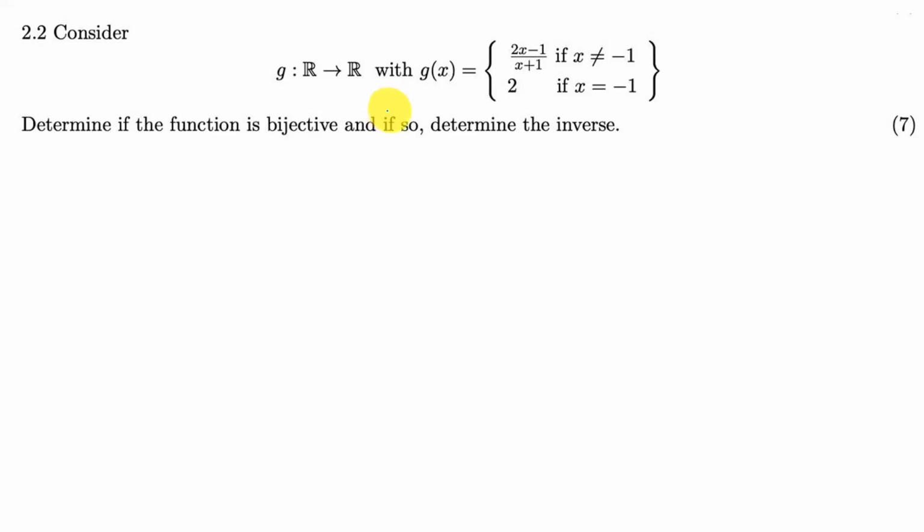Determine if the function is bijective, and if so, determine the inverse. The bijective function, first and foremost, is, well, the word bi means two, so it must be one to one, and it must be onto.